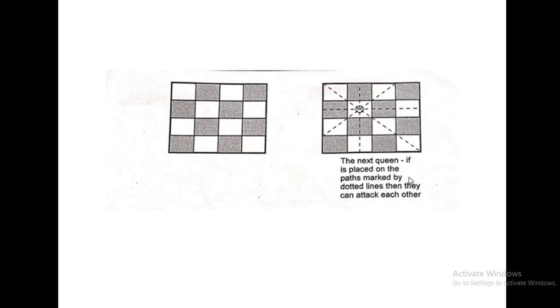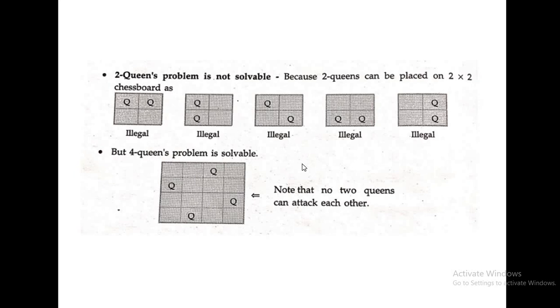If they are placed on the path marked by the dotted lines, then they can attack each other. The 2 queens problem is not solvable, because the same row becomes illegal, the same column also illegal, the same diagonal also illegal. So there is no possibility to solve the 2 queens problem.